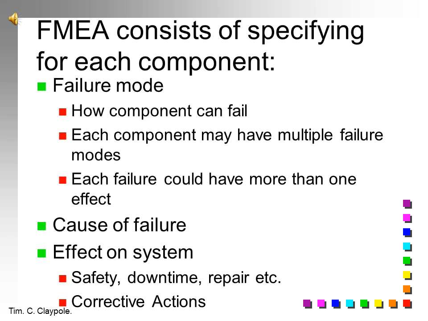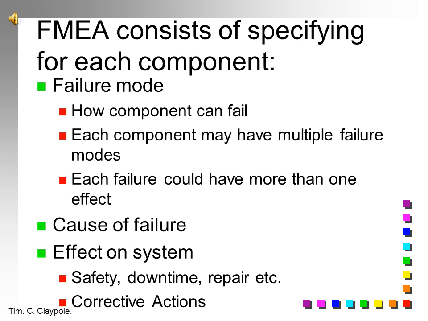FMEA consists of specifying for each component a failure mode. How the component can fail. Components can fail in multiple ways. They can buckle, they can bend, they can corrode, they can be overstressed. Each failure could have more than one effect. You look at what caused the failure and then look at what effect it has on the system.